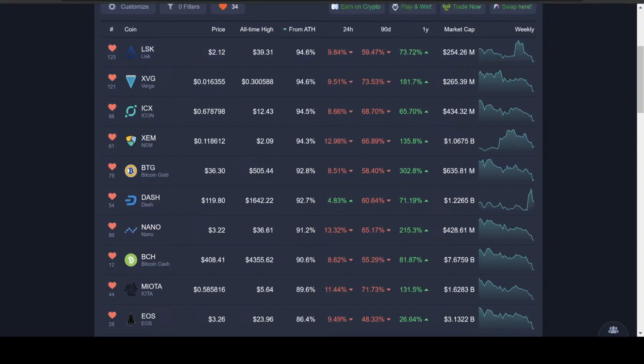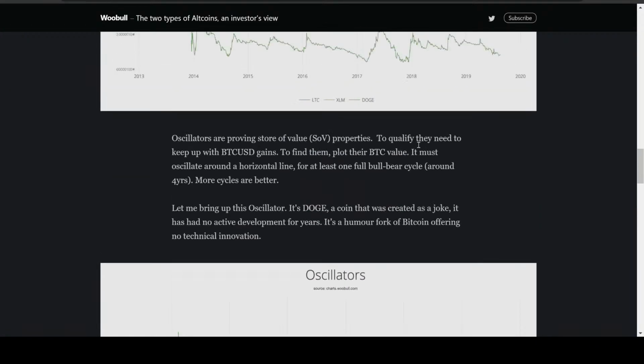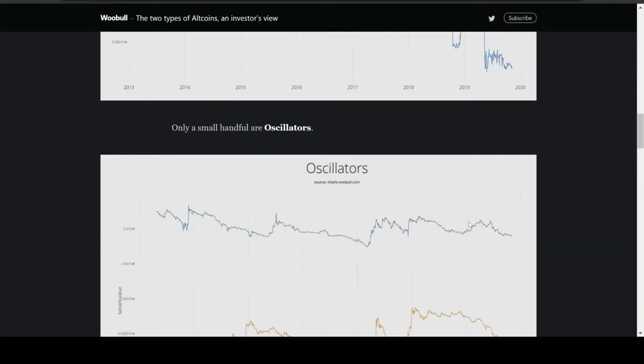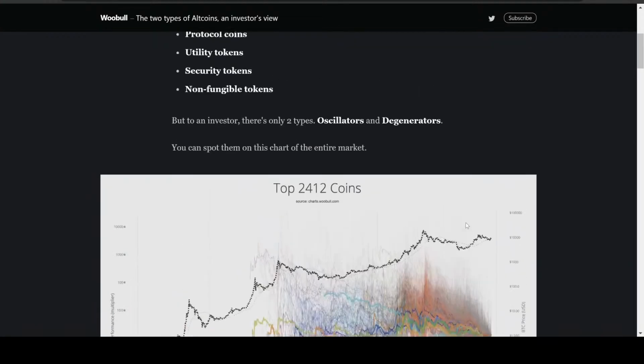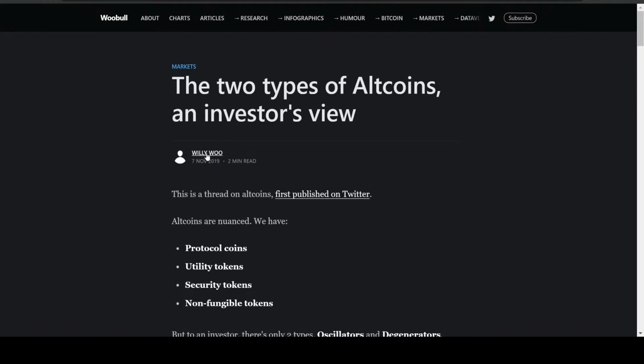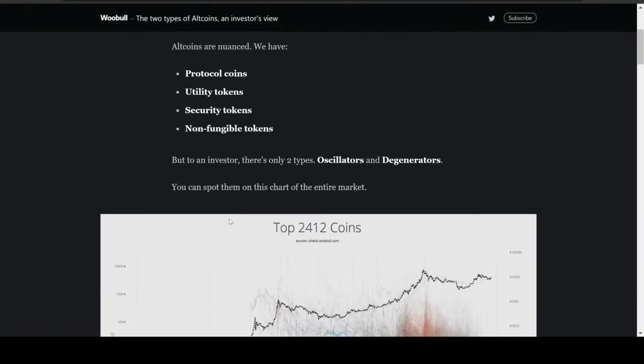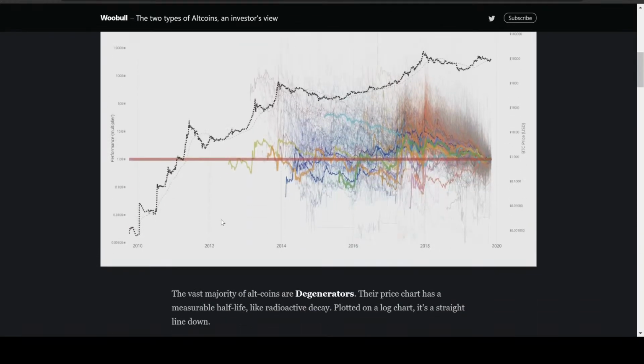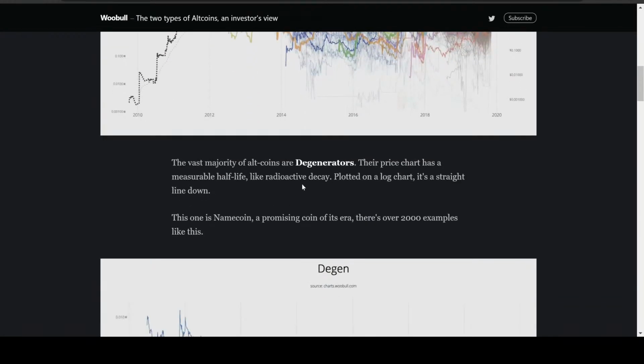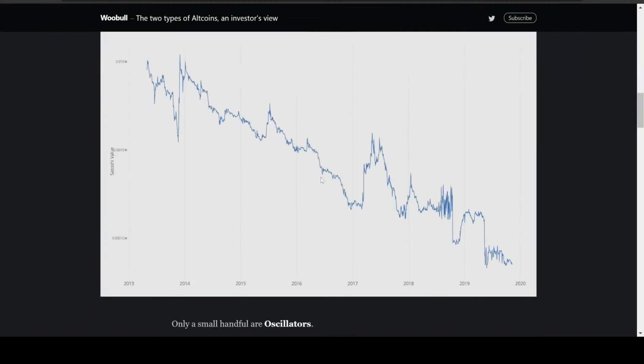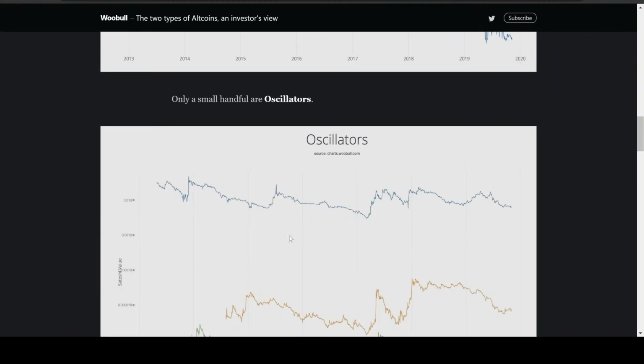And I found this guy who has a similar view as me. He's called, I forgot his name, Willy Woo. So he identified there are two types of altcoins, and he classified them as either a degenerator or an oscillator.